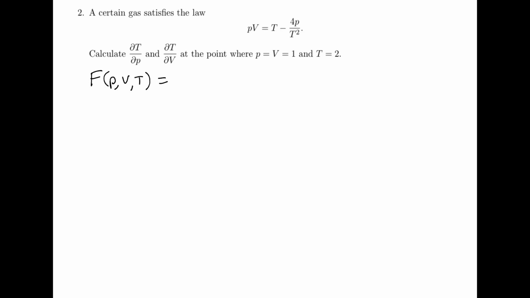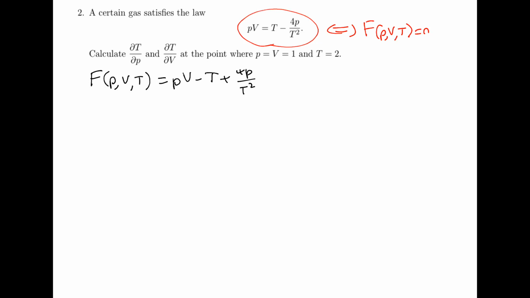We could take PV minus T plus 4P over T squared. In that case, this equation is equivalent to the equation F(P, V, T) equals 0, and that is what we need, because that is the setting of the implicit function theorem, in this case for more than two variables, because we have P, V, and T.